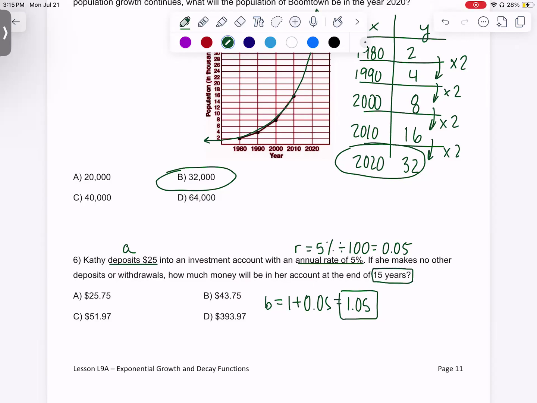At the end of 15 years, X is 15. Y equals A, 25, times B to the power of X. Plug it into Desmos and you get $51.97 in 15 years.